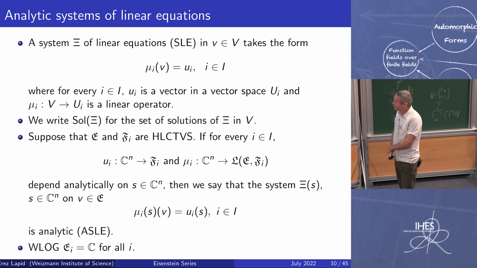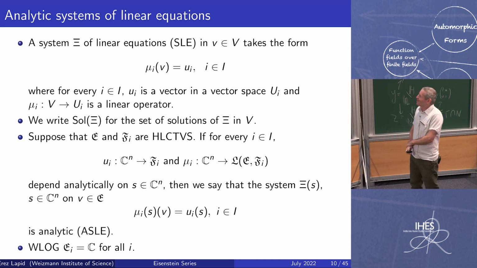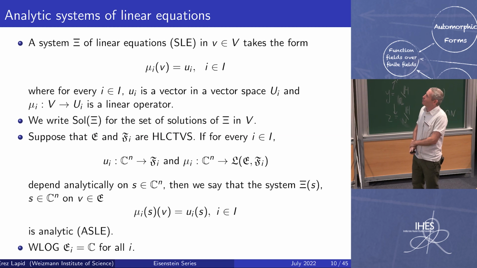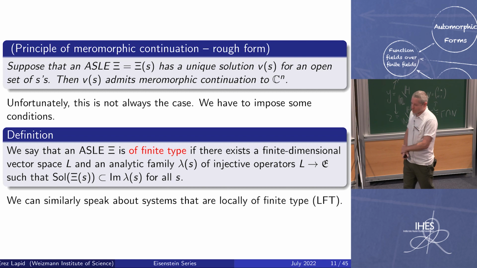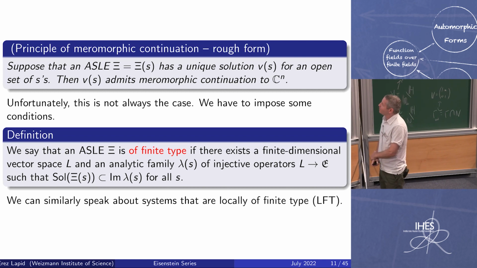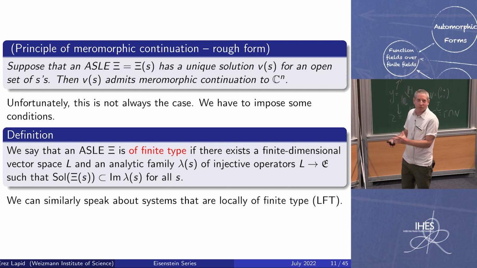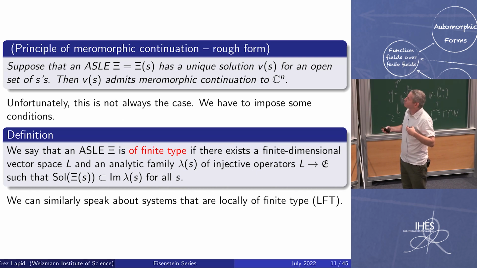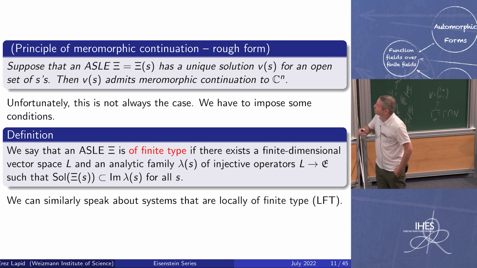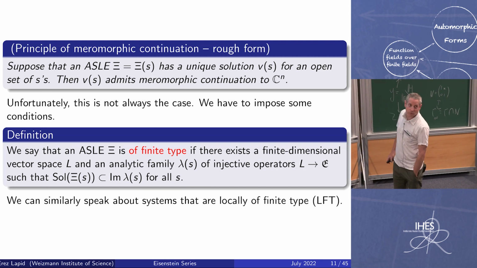And so it has nothing to do with automorphic forms. And what does the principle of meromorphic continuation say? Well, it says that if you have such a system and somebody tells you that there is a unique solution for some open set of parameters s, then this solution, let's call it v(s), admits meromorphic continuation.